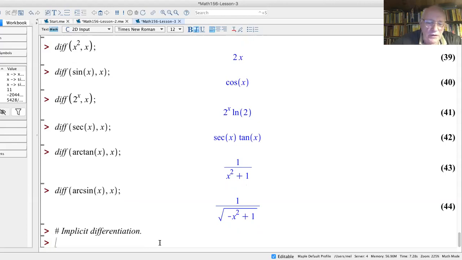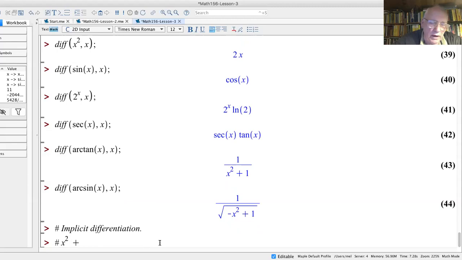So you might have a curve like x squared plus 4y squared equals 1. So that's an equation, and it's the graph of an ellipse in the plane.